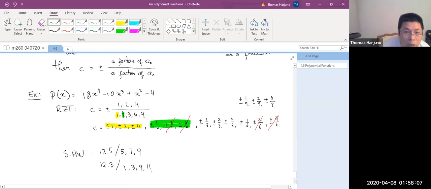Number 9, number 11, and then number 19, number 21, number 29, number 33.